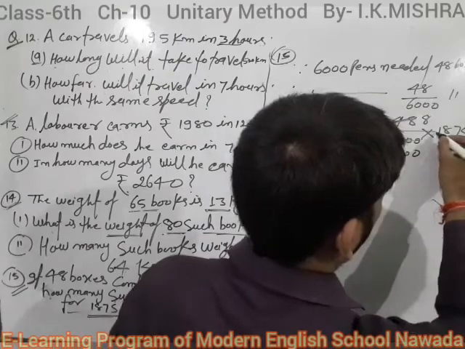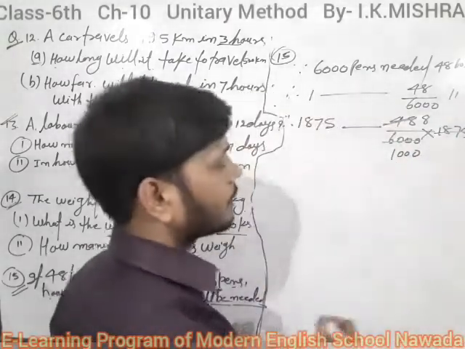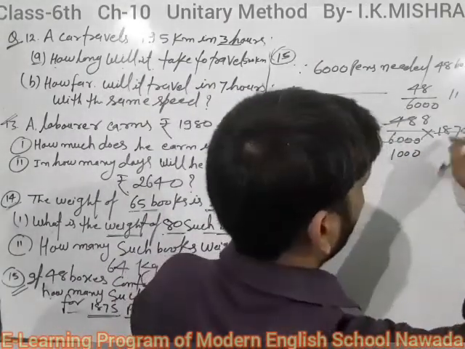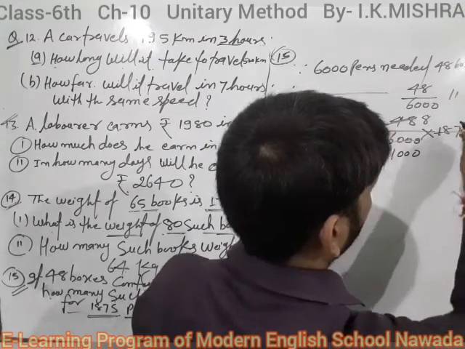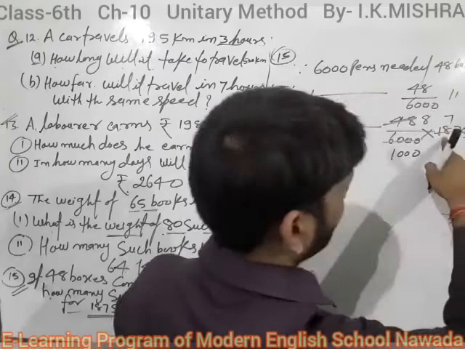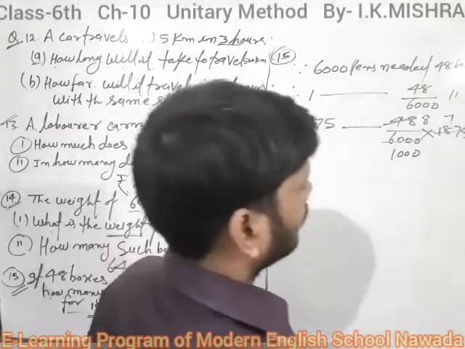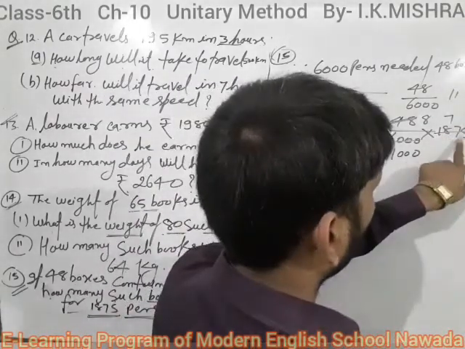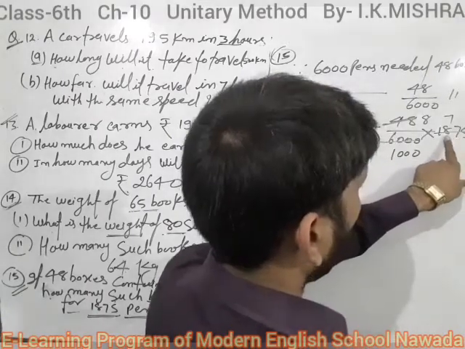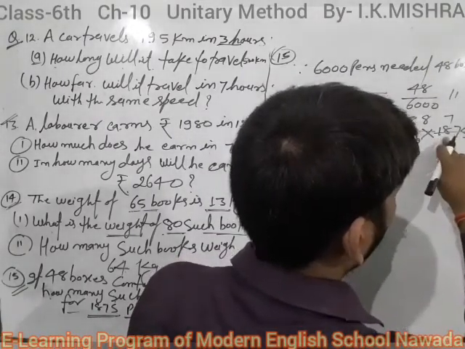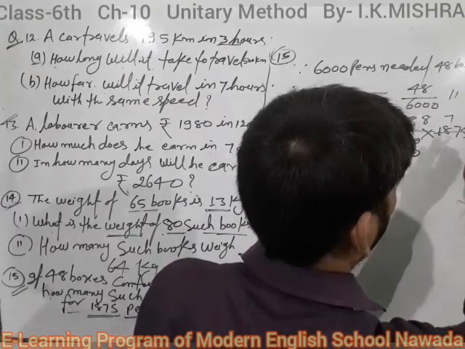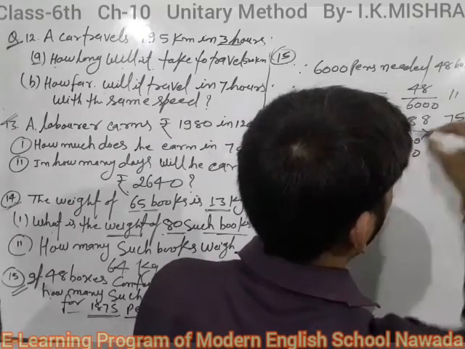When you divide it by 25, here 7 times 175, and here 2, and 175, here 2 and here 1, and 5 times.